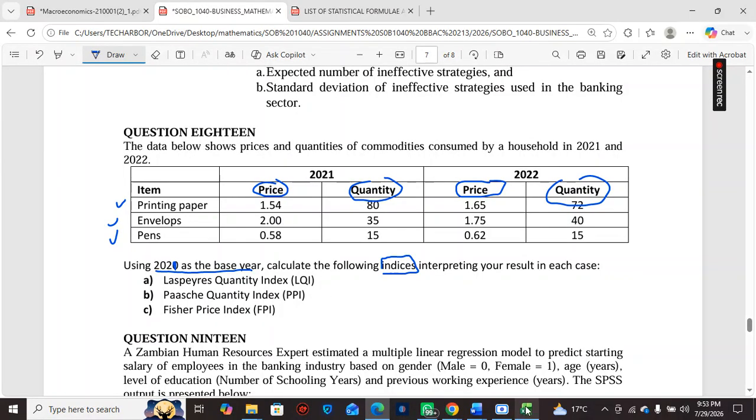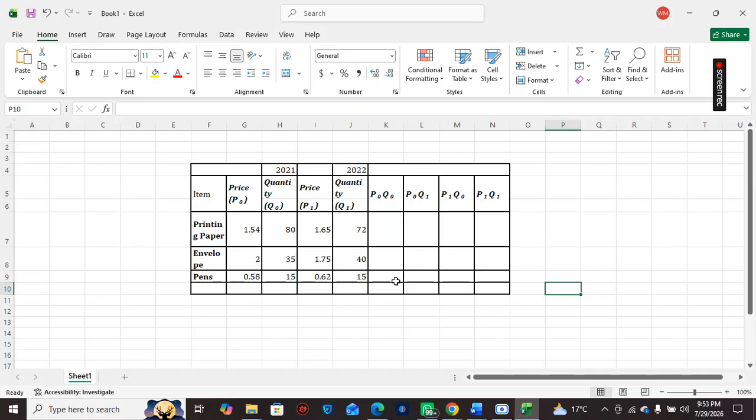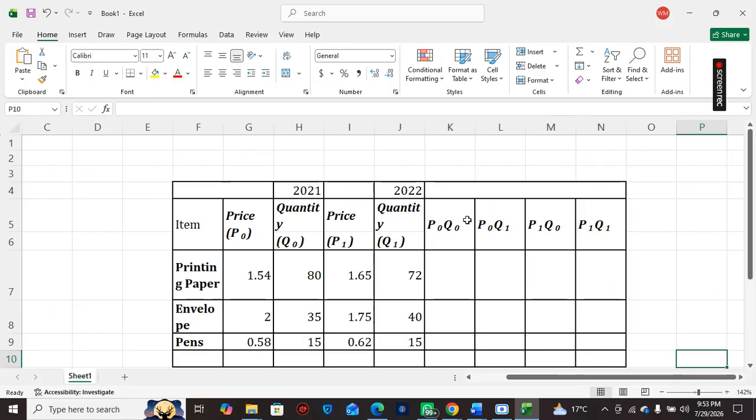1.42, 0.58. So you're going to start with your first column, all right? Yes, P0Q0. So basically, we're multiplying 2021's prices with 2021's quantities.